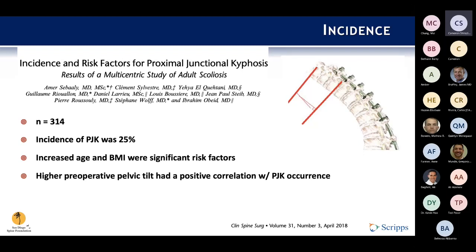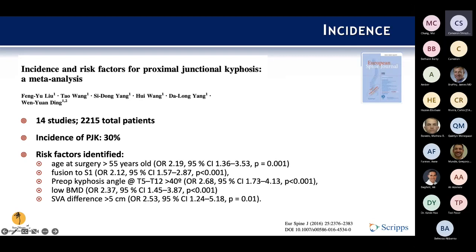Higher preoperative pelvic tilt had a positive correlation with PJK occurrence as well. And then revision, in their subset of patients that did have PJK, they had a 2.3% revision rate, and that accounted for 15% of all total revisions within the revision patients in that study.